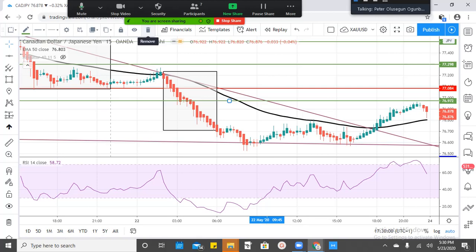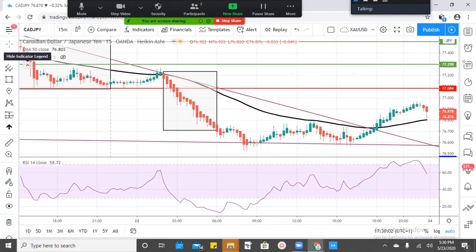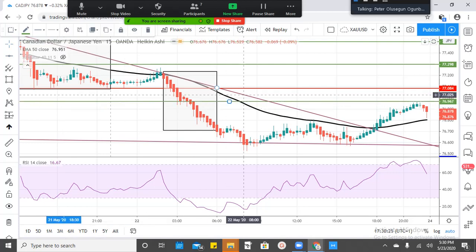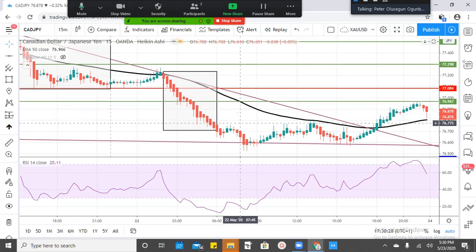So we can do 970. Around that area, the price could have picked you around that area.